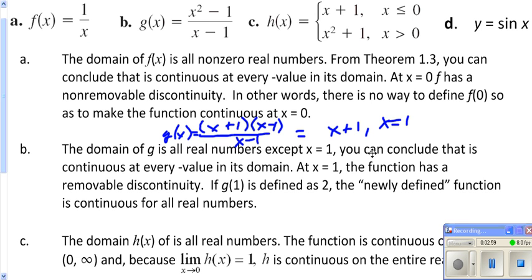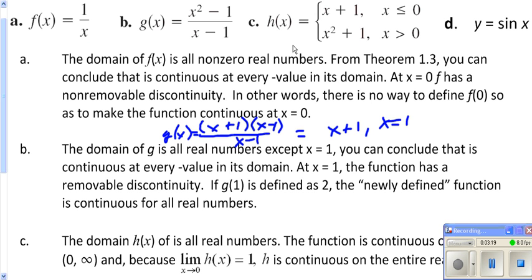So it's going to be continuous at all places except at x equals 1. At x equals 1, since we could remove that factor that was giving us a problem, it's referred to as a removable discontinuity. It's a hole.